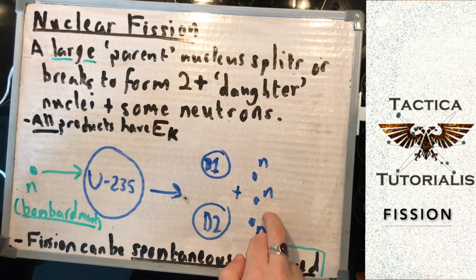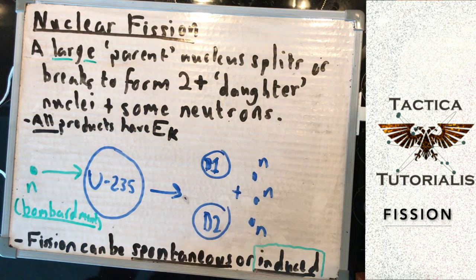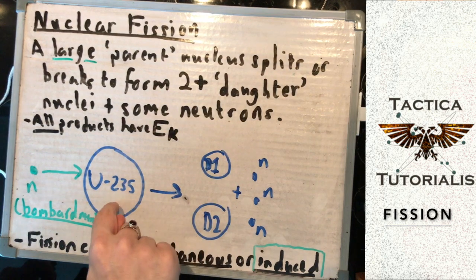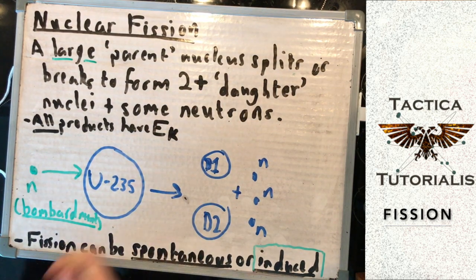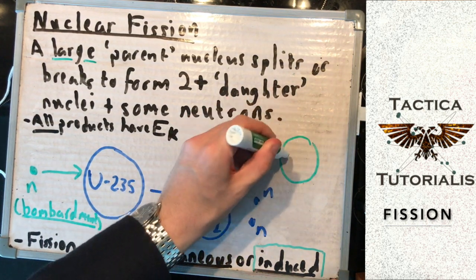Because if you look at these neutrons, this is something we're going to talk about in a moment, these neutrons still exist. People sometimes think, okay, I've split the atom, I've broken it into two daughter nuclei, great. Oh, and there's also neutrons, who cares about those neutrons? This cares about those neutrons because we don't generally have one uranium nucleus sat there all on its own. No, we might have another one over here.